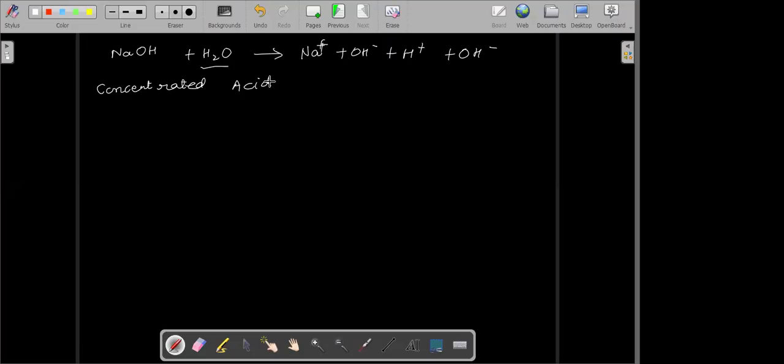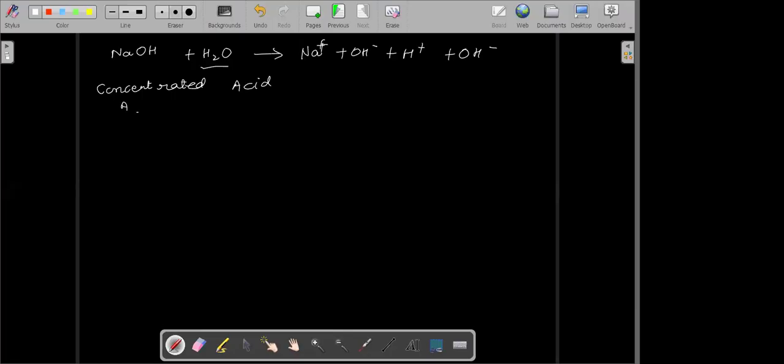Can you, Lakshmi, Mandeep, tell what are concentrated acids? Sir, an acid having a high percentage of acid in it, a solution of acid with less dilution.